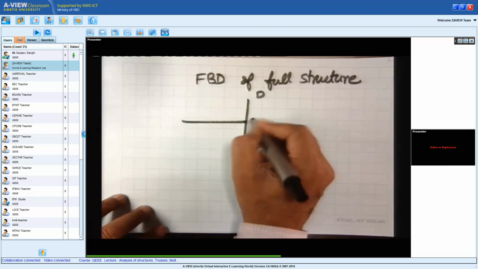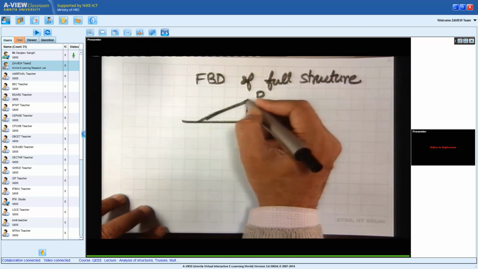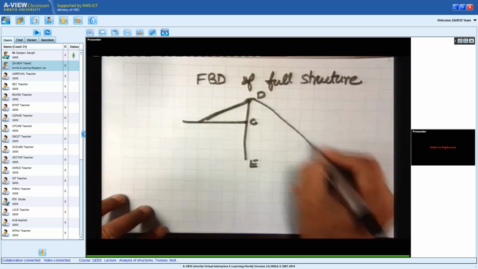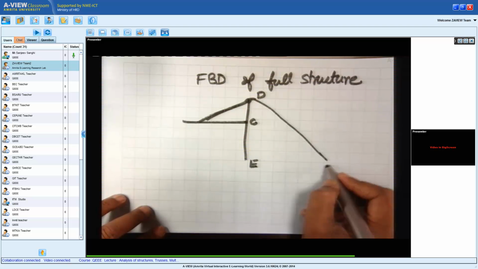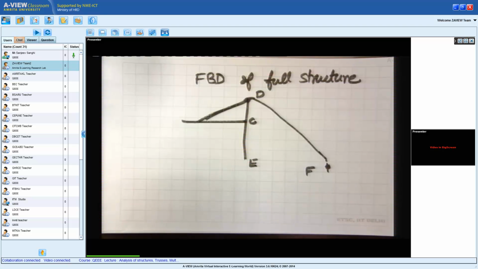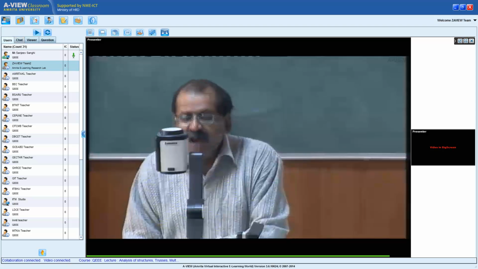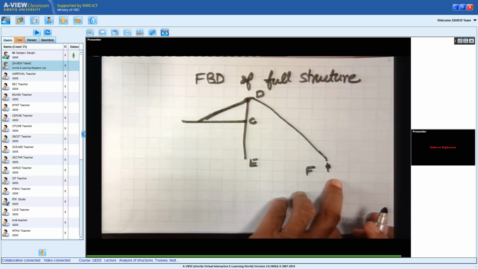This is point B, point C, point E, and then I have the string which is going on, and I cut the string very close to F. So now if I look at it, which are the places in this where I am cutting away some supports, where I am removing the surroundings? The surroundings are being removed at point T and at point F.